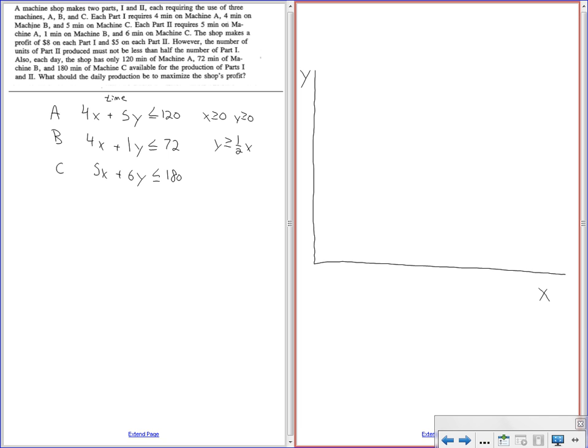We have 4, so we are at 30 and 24 for the first one. Cover and solve, you get 30. Cover and solve, you get 24. And it's working inward. All right, you okay with that?